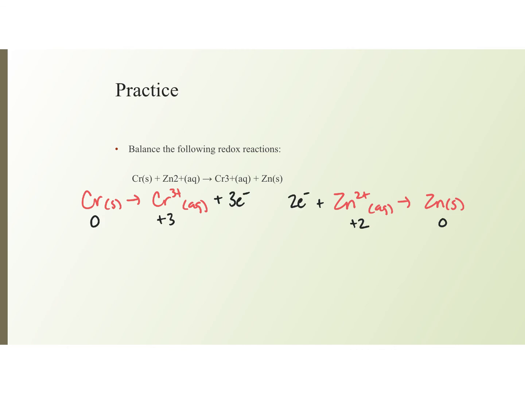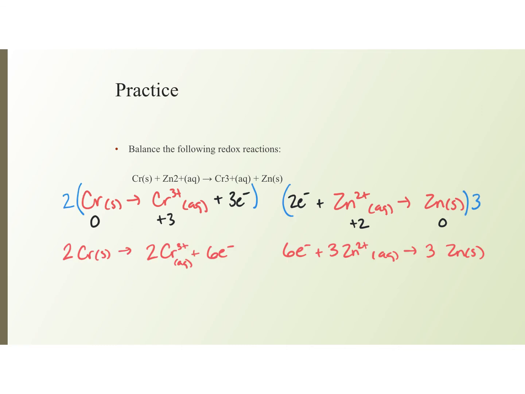So using oxidation numbers, we determined that we needed to add 3 electrons to the first half reaction and 2 electrons to the other half reaction. Okay, so now go ahead and try the third step and pause the video. Now, hopefully you were able to tell that you had to multiply the first equation by 2 and the second equation by 3.